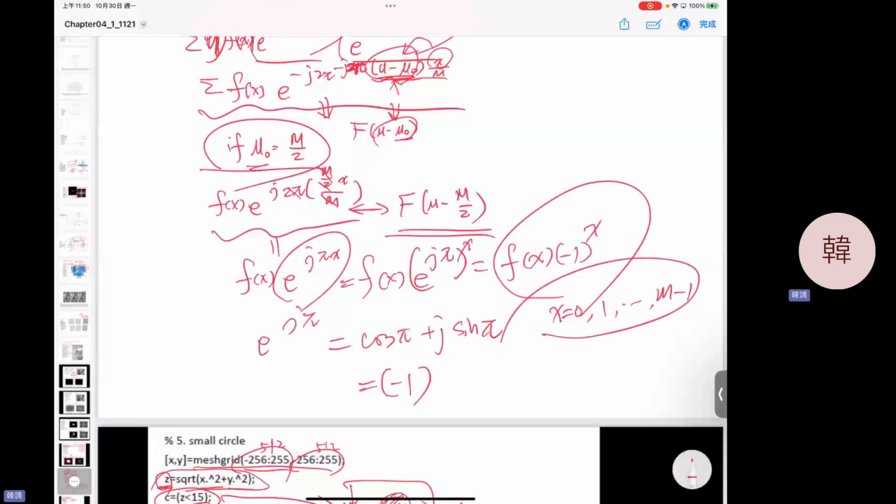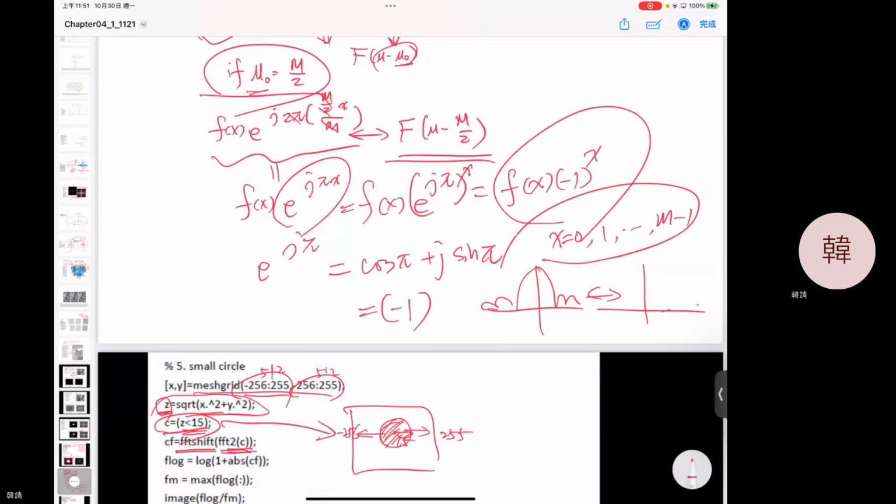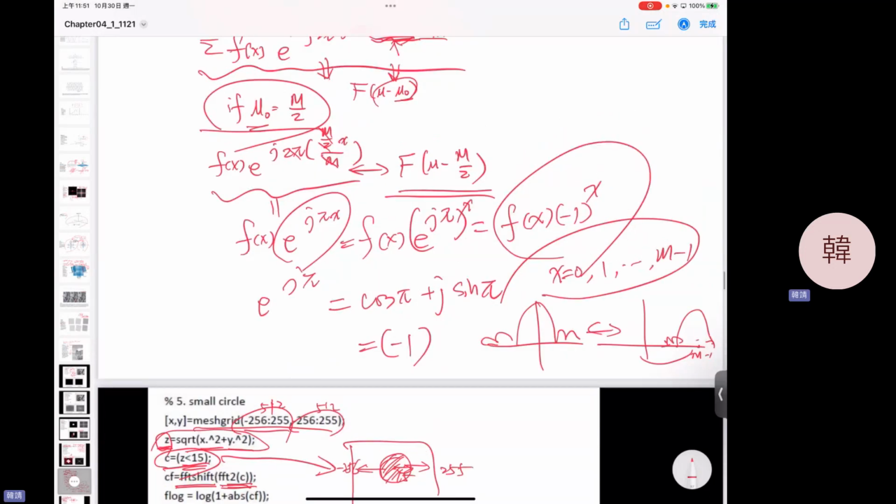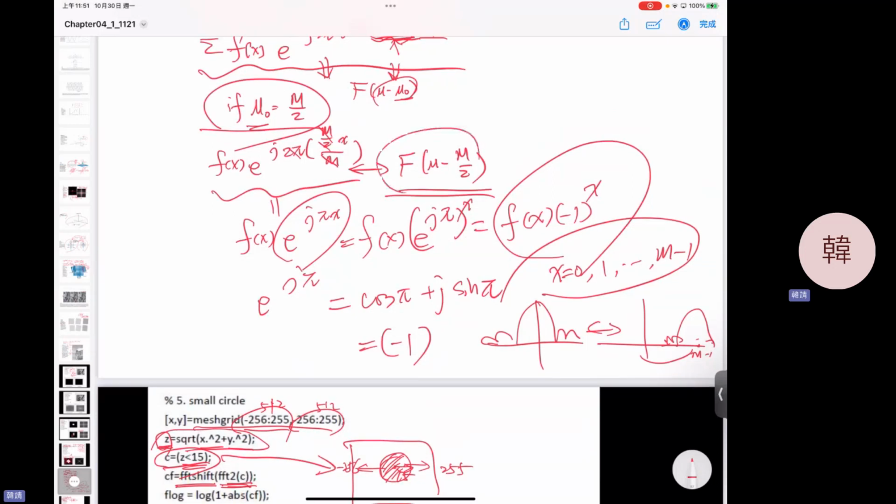If you want to shift your spectrum from its original location, for example like this, to here, and the other part to here, shifting to the other position, what can you do? You just multiply every index by the power of minus 1.